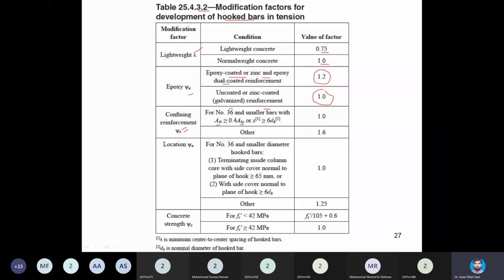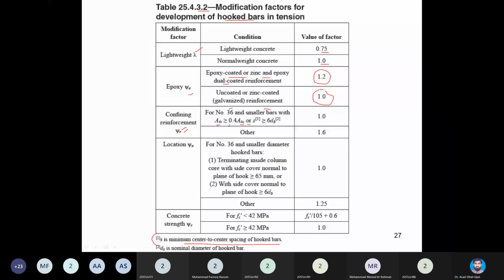If this is not applicable, then you can check this one: the spacing between the hook bars, the minimum center to center spacing of hook bars.